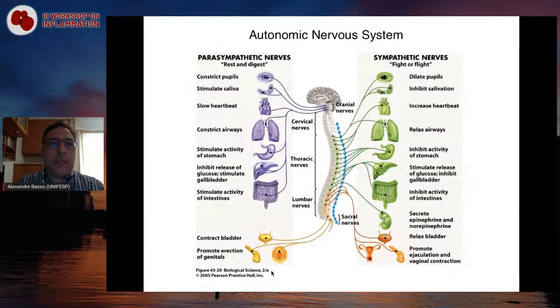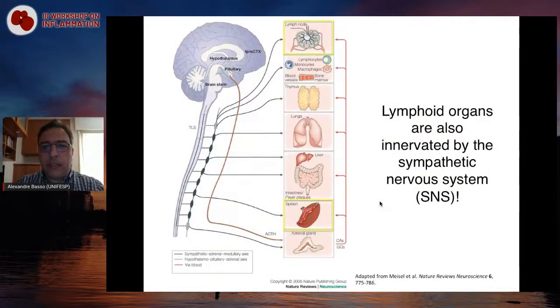The sympathetic nervous system is one of the divisions of the autonomic nervous system, and although we don't see any lymphoid organ listed among those receiving sympathetic fibers, we do know that lymphoid organs are indeed innervated by the sympathetic nervous system. That is true for primary lymphoid organs such as the thymus and the bone marrow, and also for secondary lymphoid organs such as the spleen and lymph nodes.